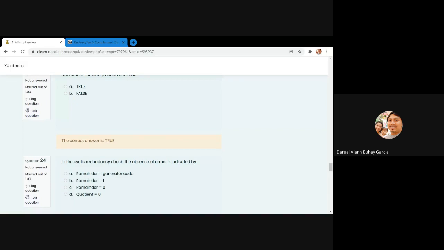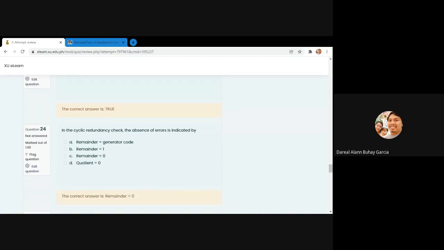If it is properly designed, CRC can detect multiple errors for a number of bits in sequence. The answer: when there is a zero remainder. Absence of errors is indicated by no remainder. Okay?